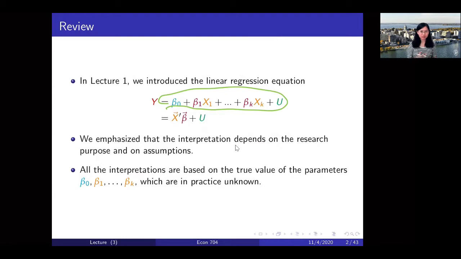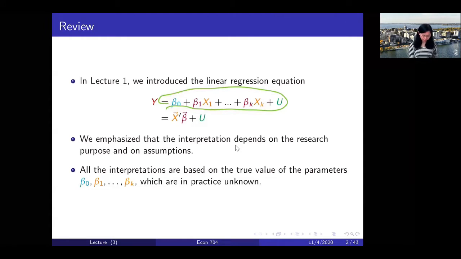So we talked about the descriptive research purpose. When the purpose is descriptive, we treat this as a descriptive equation. This may be the conditional mean of y given x, or this may be the projection of y on the space of x1 to xk.